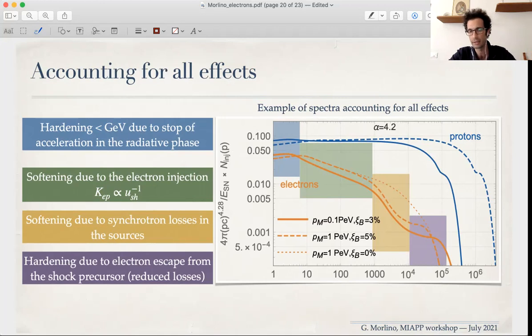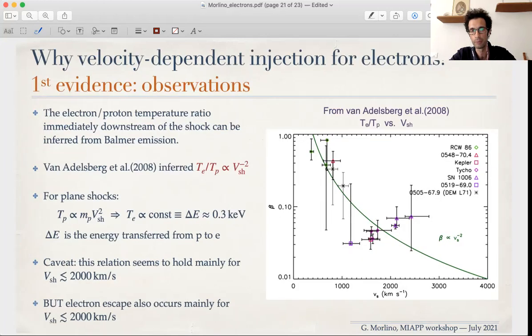So this is essentially the final exercise. Now let me just finish this talk mentioning a couple of evidences that are supporting the idea that electrons are injected inversely proportional to the shock speed. The first one is coming from Balmer lines.